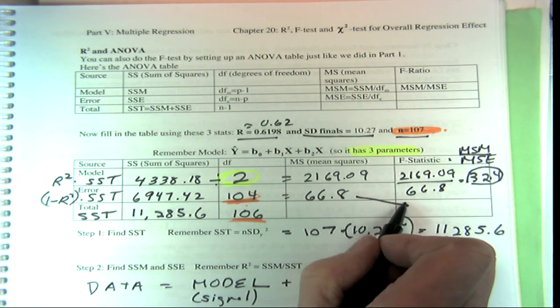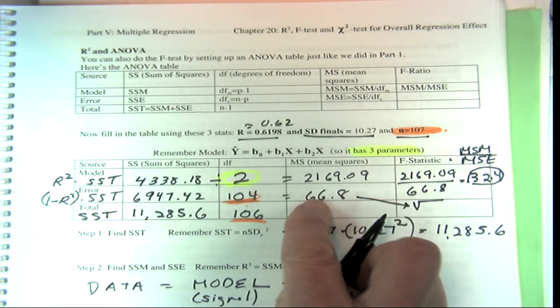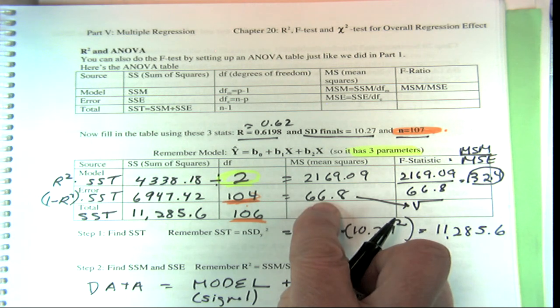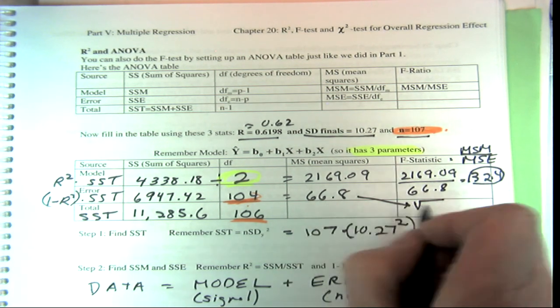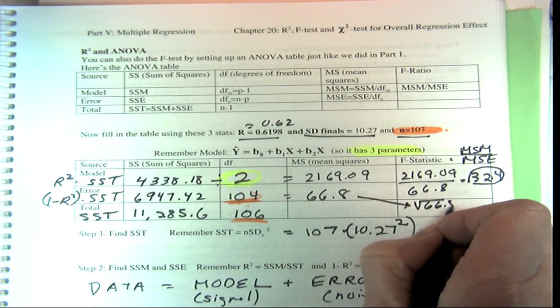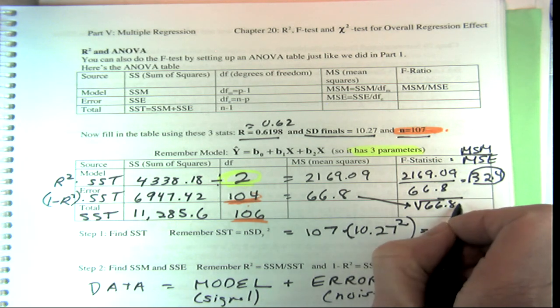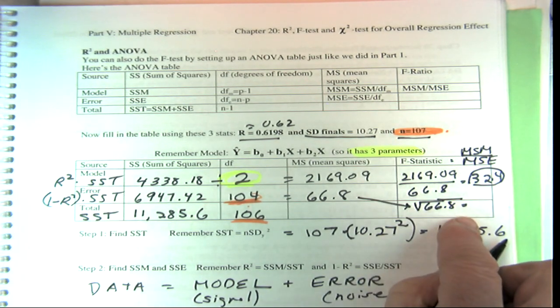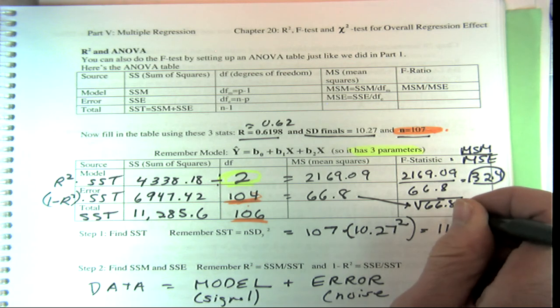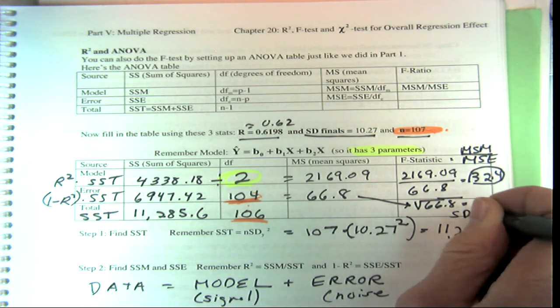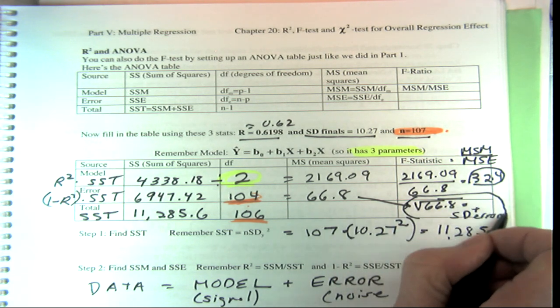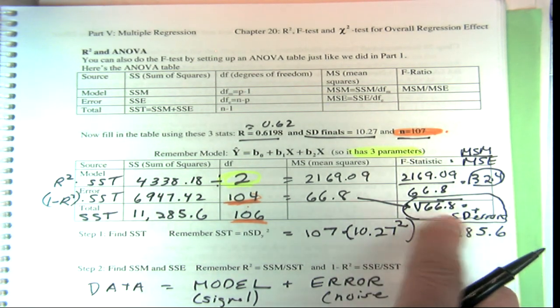One thing I should show you too: if you take the square root of the mean square error, it's called the root mean square error, and that's also called the standard deviation of the errors. We looked at the standard deviation of the errors, and this is very similar.